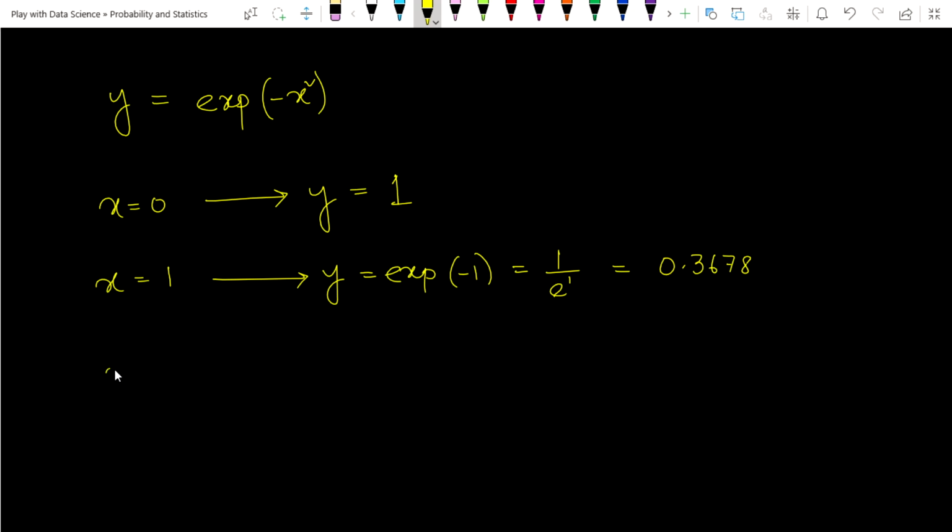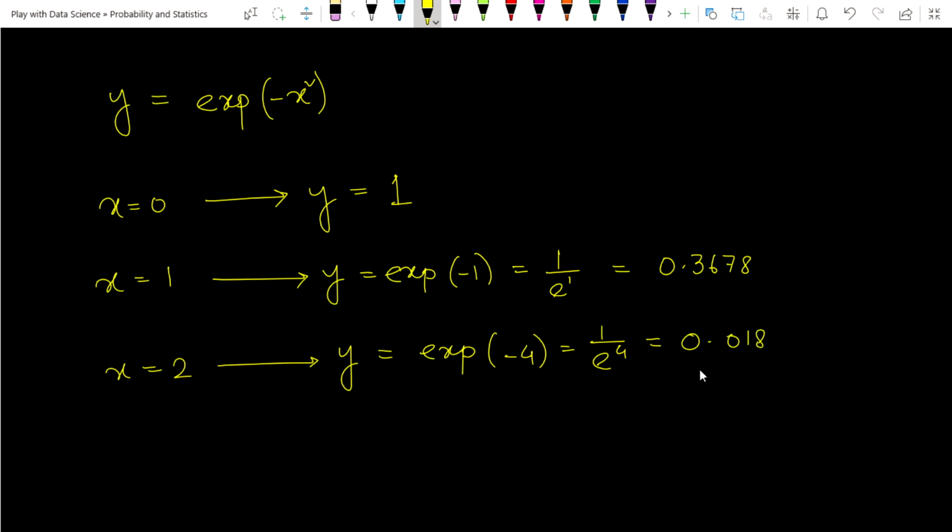If we increase the x value, suppose we increase it to 2, then y must be exponential of minus 4, meaning e to the power of minus 4. If you calculate it using your calculator, it will be about 0.018.